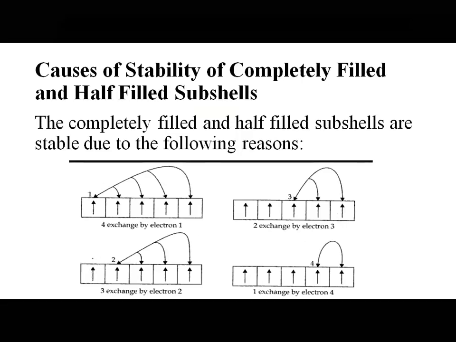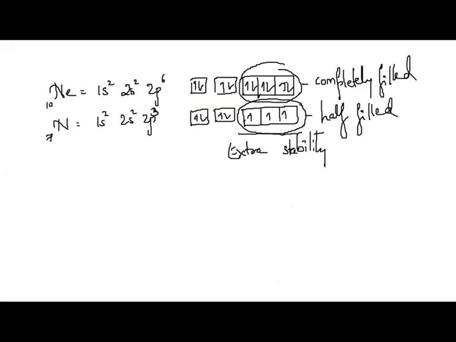But because of the extra stability of half-filled and completely filled orbitals, there are certain exceptions in the electronic configurations of a few elements. To understand this, we will try to write the electronic configurations. The elements I am going to discuss now are the transition elements.